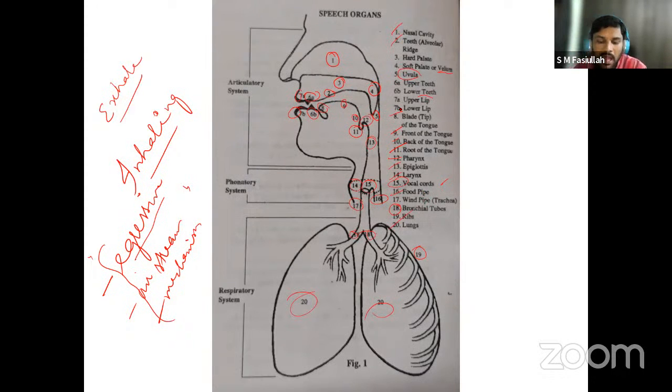So there are as many as 20 different parts of our body, especially upper body, that are involved in production of human sounds, right? And this sound is responsible for language.